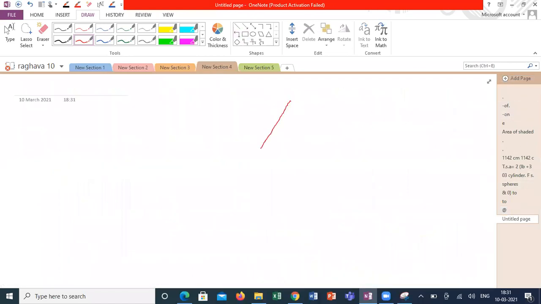See, this is the original cone, and suppose it is cut up to here. The total volume is V, and a small part from the top is removed, and this volume is 1/125 of V.